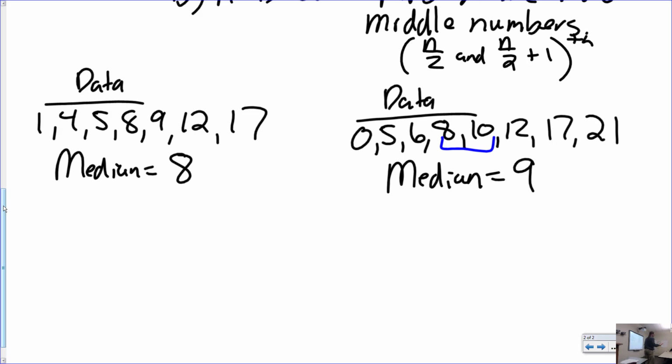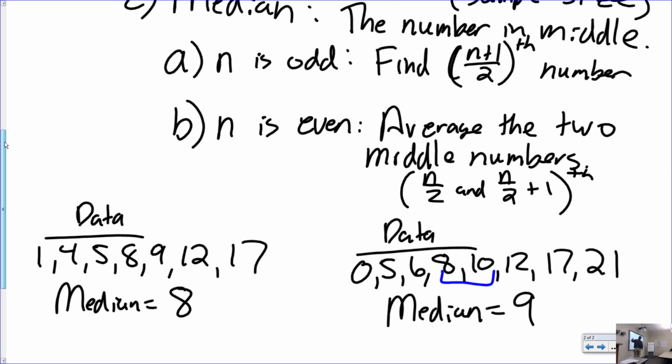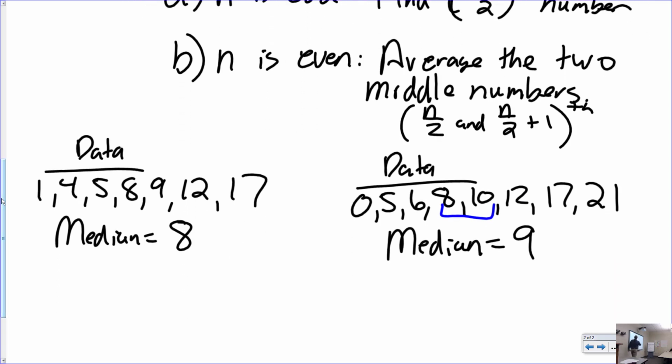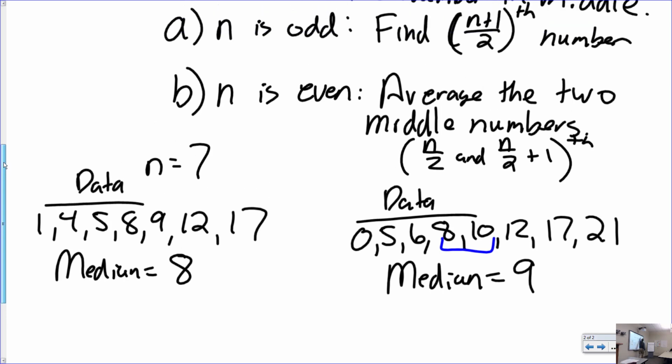So, now, when we get to larger examples, I will try to explain what those little notations are for finding them. But the idea behind it, when n equals 7, folks, what is 7 plus 1 over 2? Eight is the fourth number, okay?